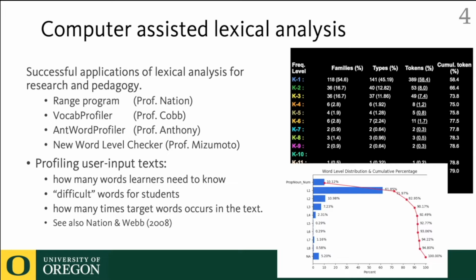They can be used for different purposes, such as to know how many words learners need to know to comprehend the text, for example, 95% coverage of the text. Also identifying some of the difficult words students might encounter in reading or comprehending the text. And also how many times a particular word occurs within the text, so that we can guess how likely the potential is for incidental learning.